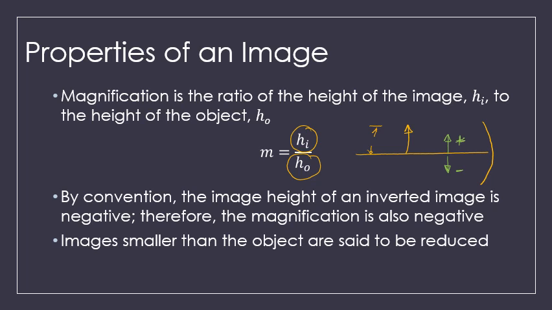Positive if it's upright, negative if it's inverted. So inverted images get a negative, and so magnification is negative in that case. The negative doesn't mean smaller, it means inverted. So sometimes we have reduced images, sometimes we have inverted images. We'll be able to tell that by looking at the magnification.